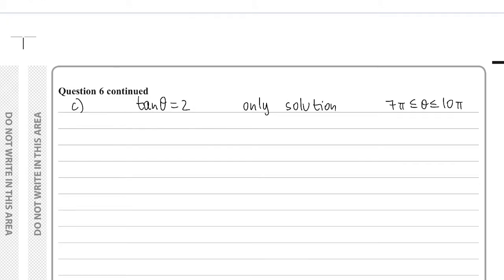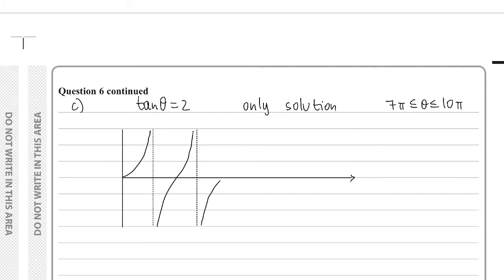So if I just consider briefly the graph of tan theta, we know we've got asymptotes at pi over 2 and 3 pi over 2. So it looks something like this. This is 2 pi. So we've got this idea repeating.